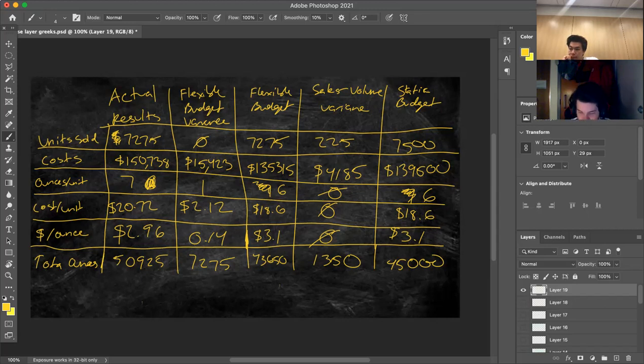Oh, I know, it's favorable because, wait, the flexible budget is what you are actually working with, right? Yes. Okay, so it is unfavorable because the flexible budget is a modified forecast, and the static budget is the old forecast. So it would be unfavorable because you're losing $4,185.